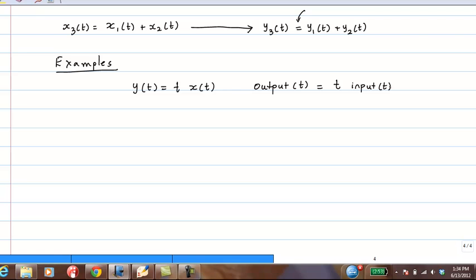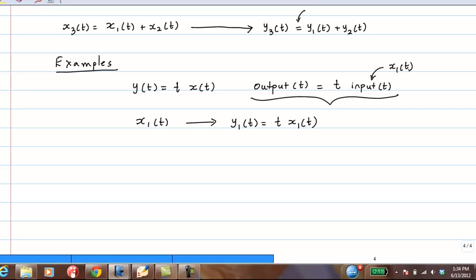What do we have to do to figure that out? Suppose I consider an input x1 of t. I know that my output y1 of t is going to be t times x1 of t, because I'm just going to apply this relationship to the input x1 of t. Now if I use this relationship to find the output corresponding to x2 of t, I'm going to get y2 of t is t times x2 of t.